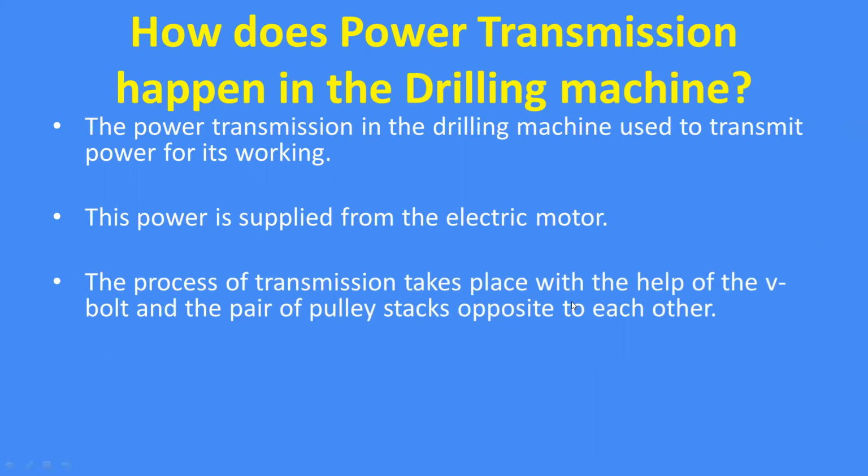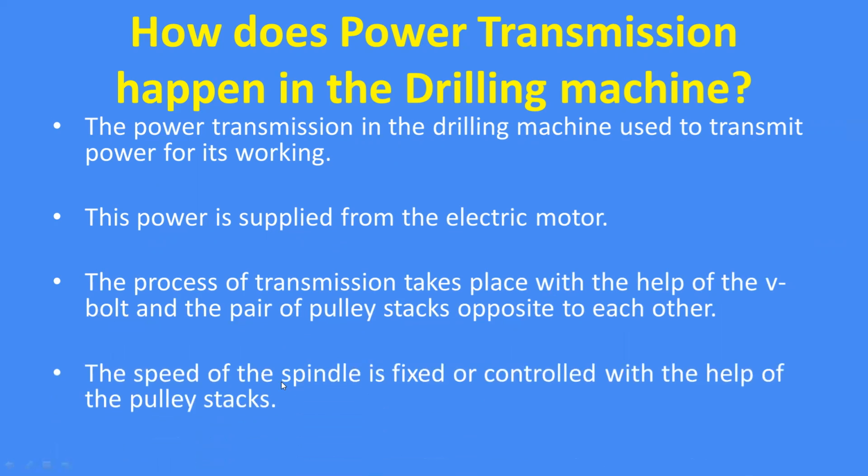The process of transmission takes place with the help of a V-belt and a pair of pulley stacks opposite to each other. The speed of the spindle is fixed or controlled with the help of the pulley stacks. So how is it happening? We have the power from the electric motor. From this electric motor, the transmission happens through the V-belt and the pair of pulley stacks, and finally it reaches the spindle.